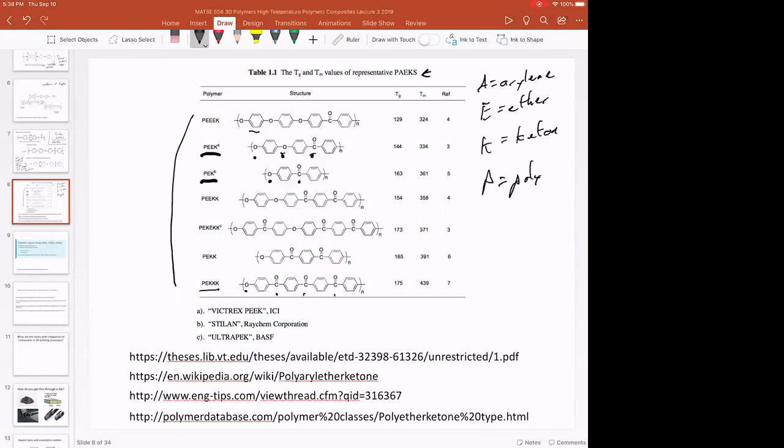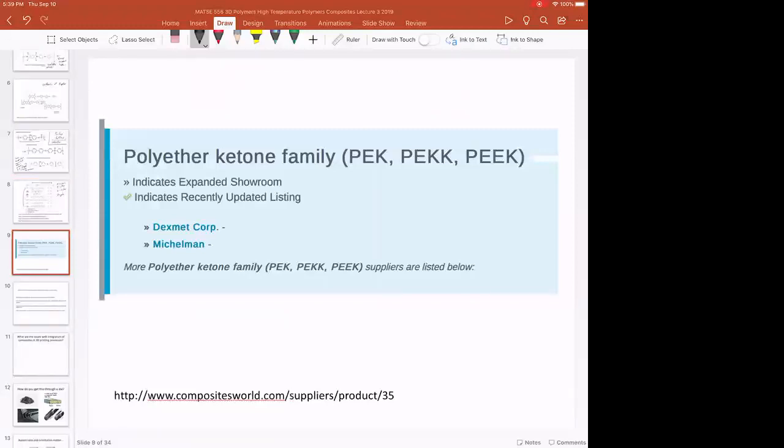And we'll talk about some of the ways in which these PEEK polymers are used in additive, especially when we get to powder bed fusion, because there's a whole biomedical suite of materials, especially skull implants, that are done using these polymers. So anyway, when we get back to talking about applications of PEEK, these are the types of polymers we're talking about. And we call this the polyether ketone family.